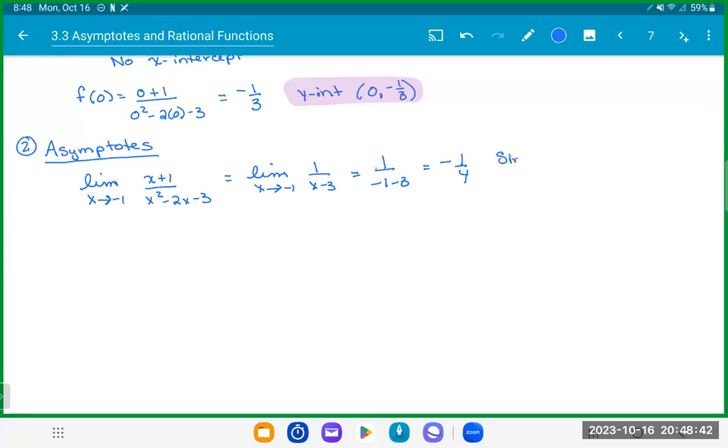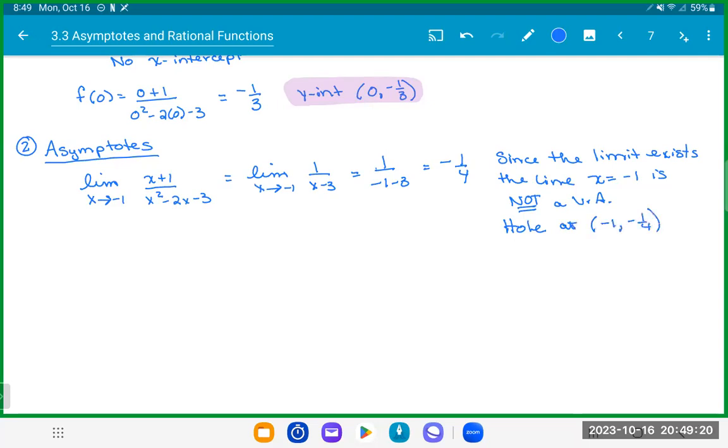Since the limit exists, the line x equal -1 is not a vertical asymptote. Instead, we have a removable discontinuity, a hole at that point, (-1, -1/4).